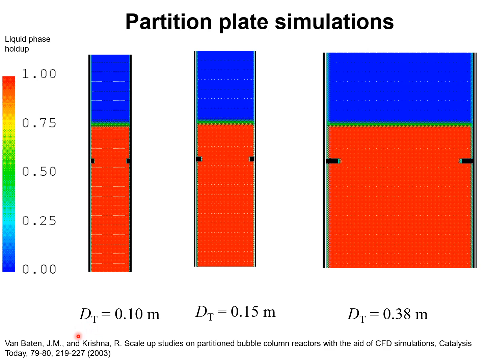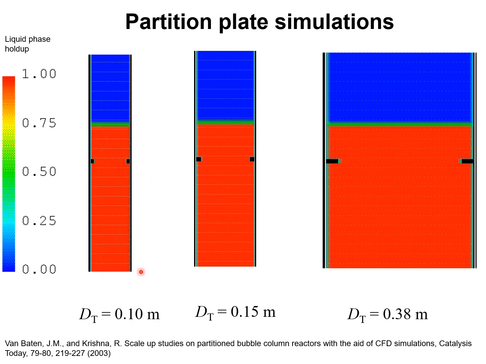We carried out CFD simulations in the Eulerian framework to determine the gas liquid hydrodynamics in partitioned bubble columns. The sieve plate partition plates are located here. Consider 3 different column diameters, 10 centimeters, 15 centimeters, and 38 centimeters, corresponding to the experimental setups for which the data was presented in the foregoing slide.